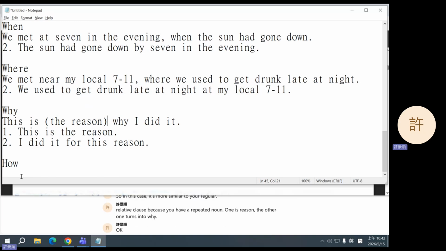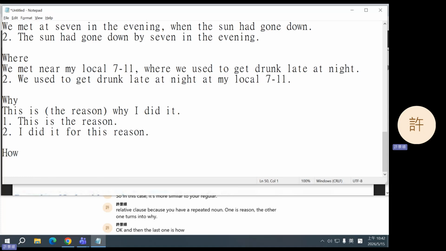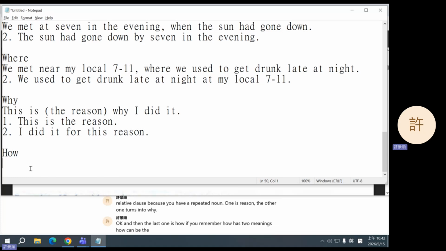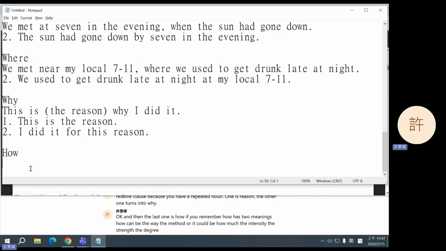Okay, and then the last one is "how." If you remember, "how" has two meanings. "How" can be the way, the method, or it could be how much, the intensity, the strength, the degree. In Chinese, 程度. So let's do the first one, which is the way.